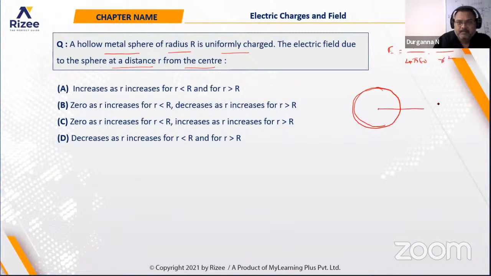From the center, if the point P lies at a distance r which is greater than R, where R is the radius of the sphere, then the electric field is inversely proportional to r square. So this is outside.